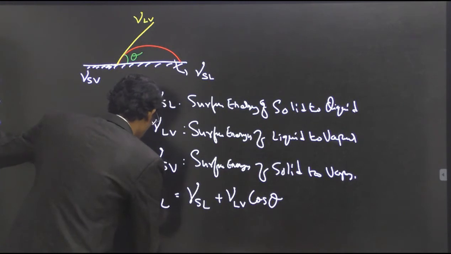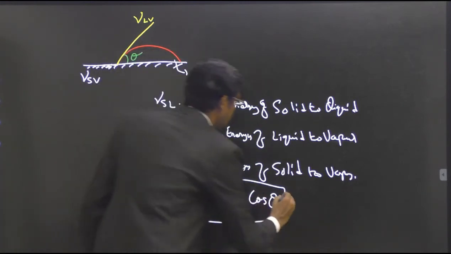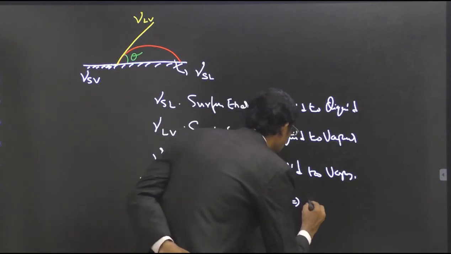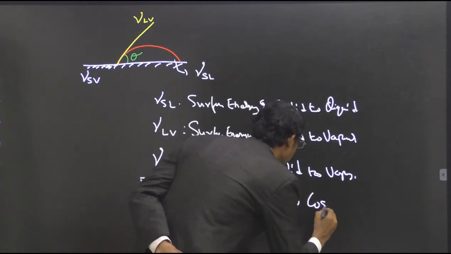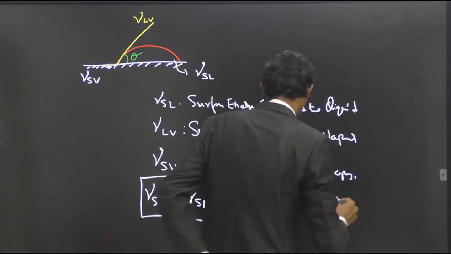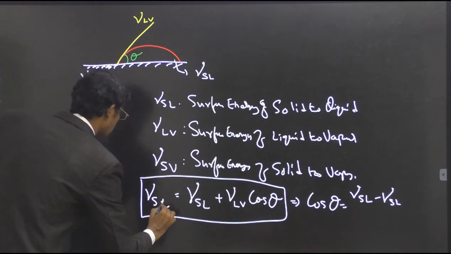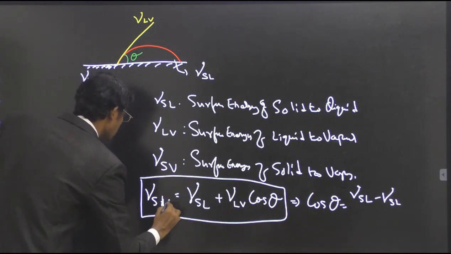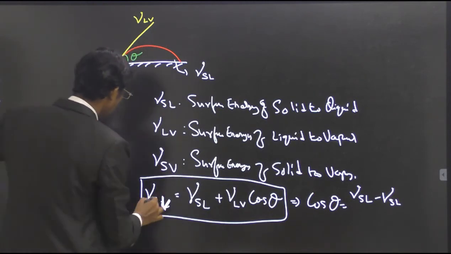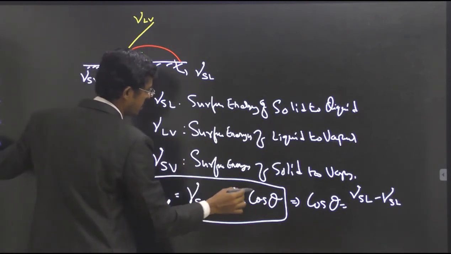So therefore from here I can move to cos theta equal to, I'm converting this equation in such a way. Surface energy of solid to vapor is equal to surface energy of solid to liquid plus surface energy of liquid to vapor cos theta.